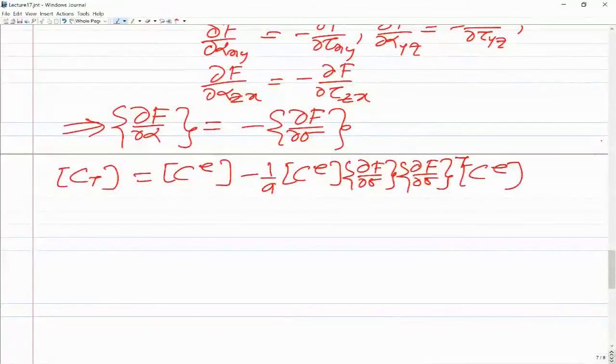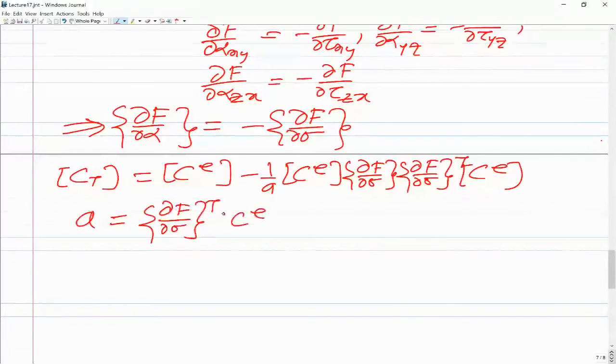So now we have already got del f by del sigma, so you can get the tangent constitutive matrix. The scalar A is del f by del sigma transpose into CE into del f by del sigma.